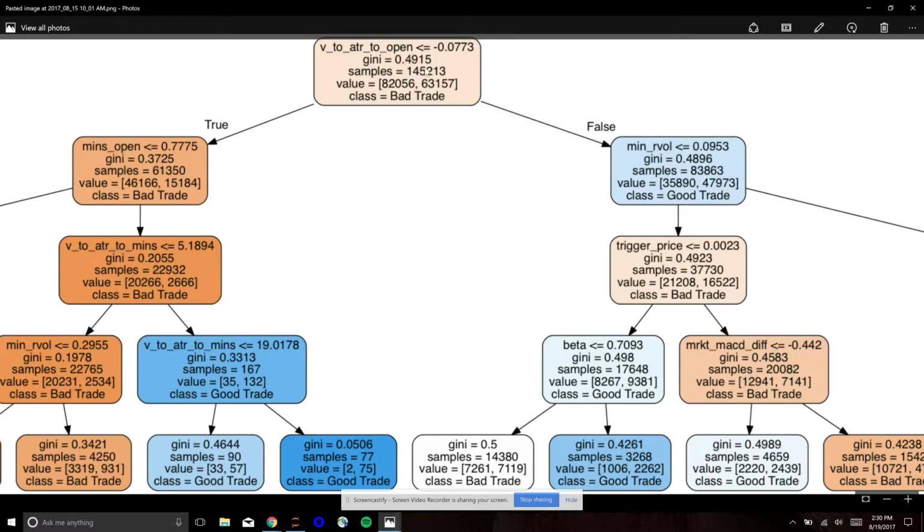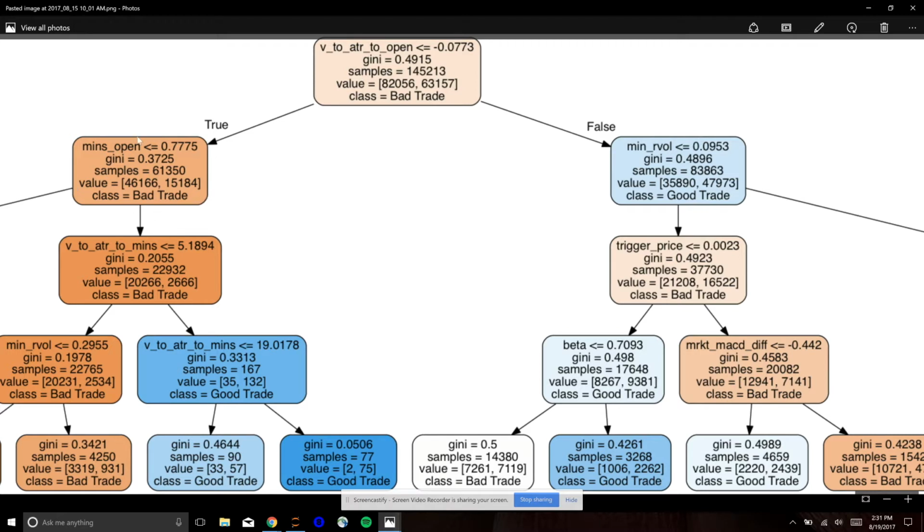I think I've got 145,000 samples, which is the same thing as saying 145,000 trades. And it looks through every single possible variable, all 30 of them, and then looks at every possible threshold of all of those variables to try and split these samples into two groups that are going to be the purest in the next nodes.